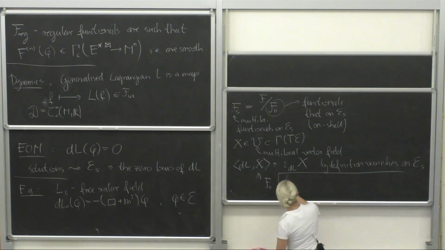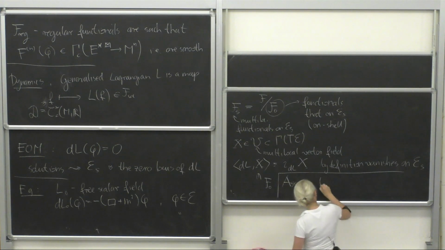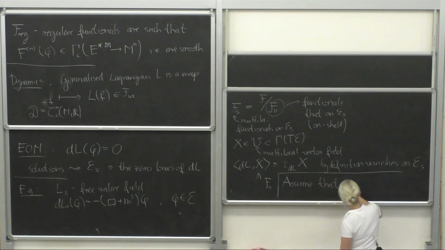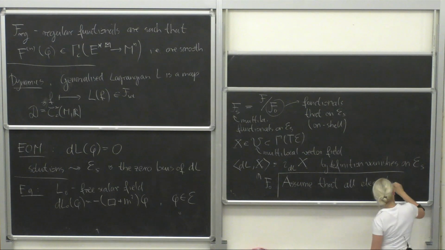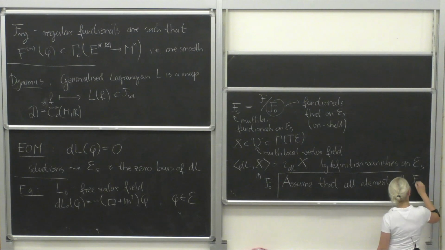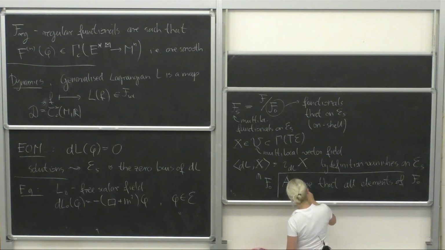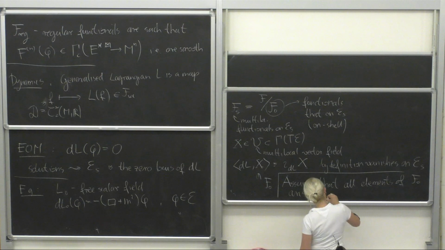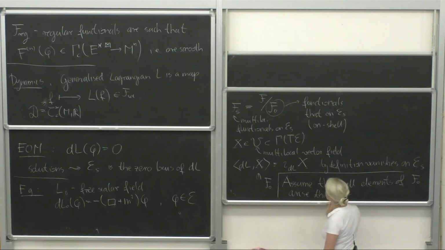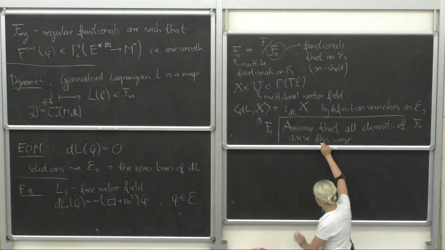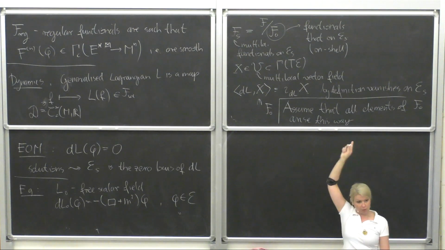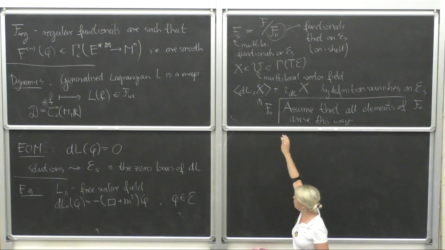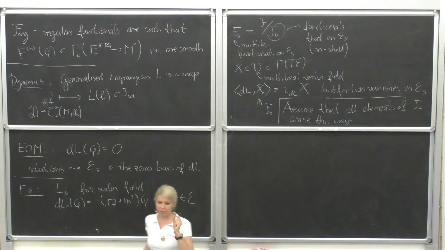But as mathematicians, we can for now assume that all elements of F0 arise this way. Okay? So now, in other words, I can write F0 as an image of V under this insertion map.